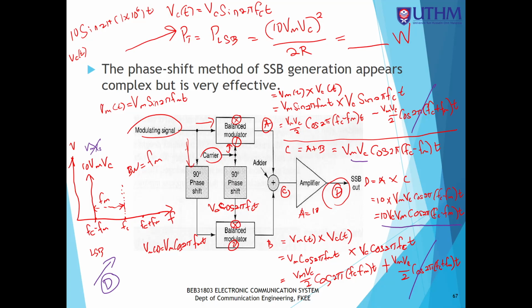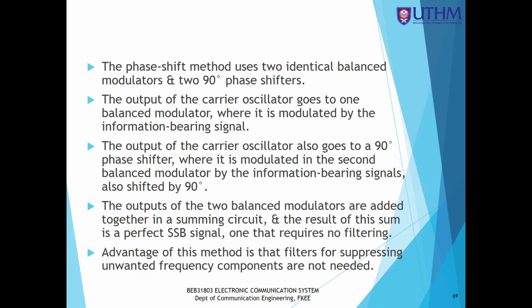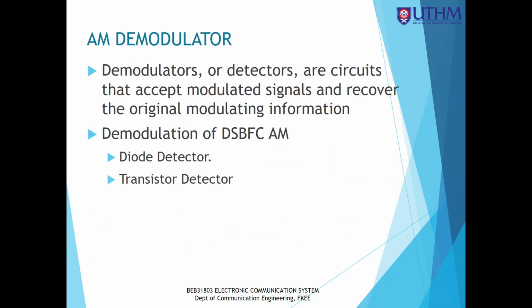This is the carrier, and then the message signal and other parameters, we give the values. So in this example I just show you in terms of variables, but you need to play around with real values later in the final exam. I already explained this. Next week I will explain about the AM demodulator.